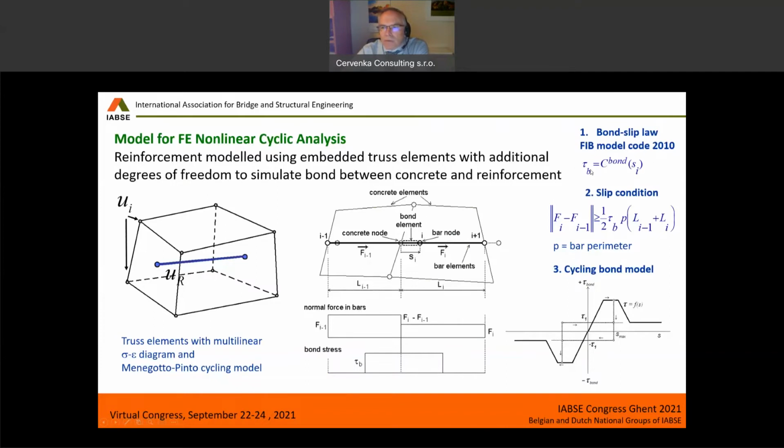We are using the fib Model Code slip law. And in addition, to simulate cyclic behavior, we are using this kind of hysteretic cyclic model to account for the hysteresis during the cyclic behavior of the reinforcement.